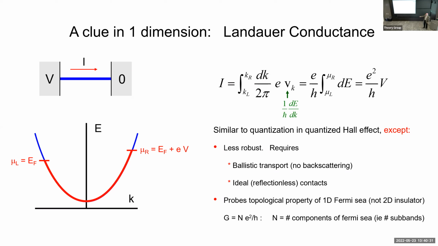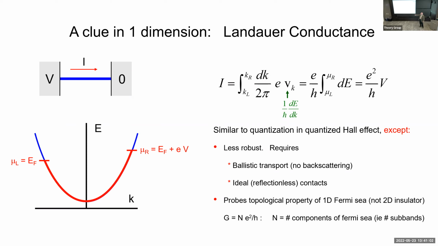If you have just simple one-dimensional electrons with p squared over 2m dispersion, then the idea of Landauer is that the electrons are populated according to the lead that they came out of. Okay, and so if you apply a voltage here, then the electrons that are going to the right that came from this lead are going to be populated to an energy, increased by E times V, whereas the electrons coming from this lead are going to the left and they're populated here.